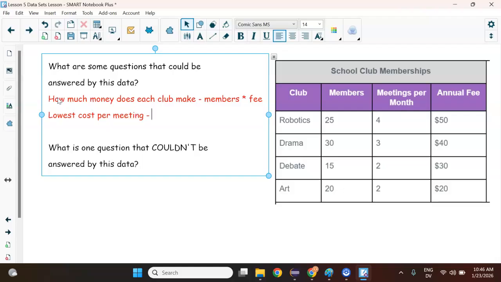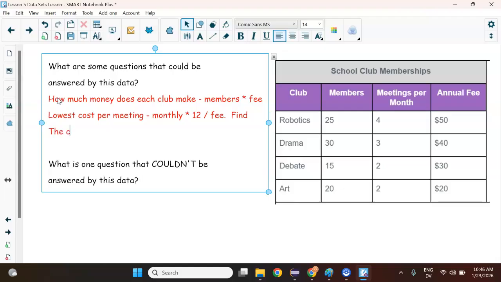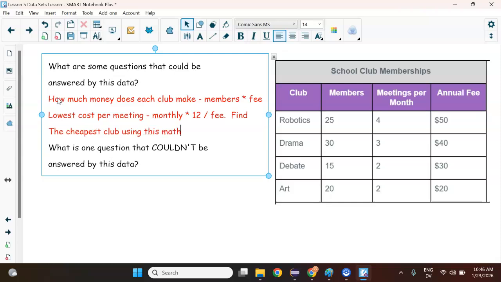Because you could take the monthly meetings times 12 divided by the fee, and that would give you how much you're paying for each meeting, sort of. So if you're trying to find the cheapest one, you could find the cheapest club using this math, the cheapest cost per meeting.